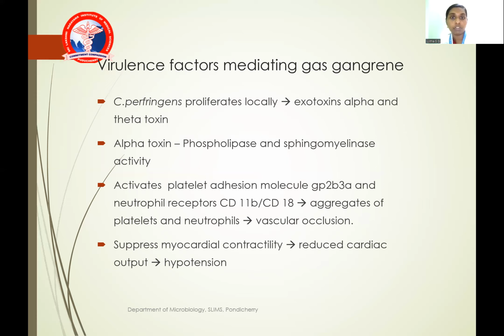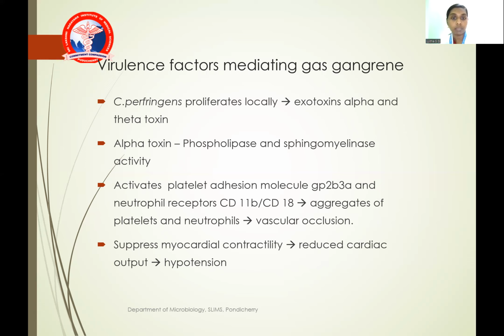The organism will proliferate locally. It produces several toxins, as I have said earlier, mainly two toxins, the alpha and the theta toxin. The alpha toxin acts as a phospholipase and a sphingomyelinase, so it has two activities, phospholipase activity and sphingomyelinase activity.